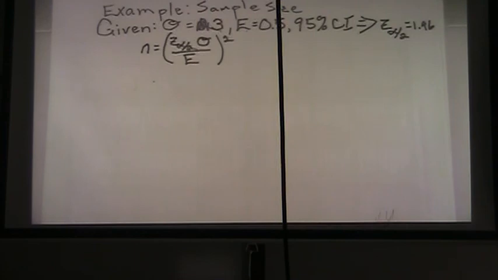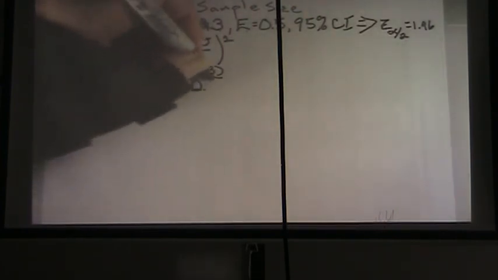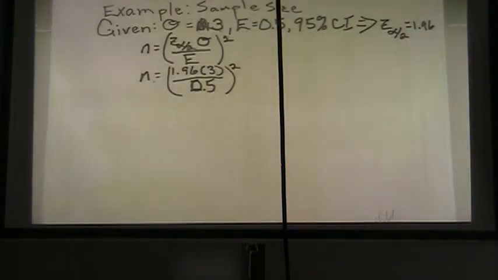Right? Well, we already have all of our numbers. N equals 1.96 times 3. Oh, and E is 0.5, squared.